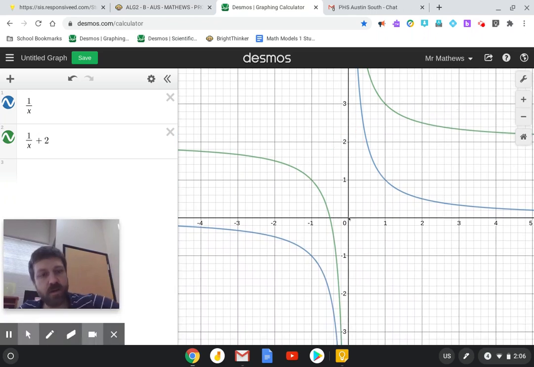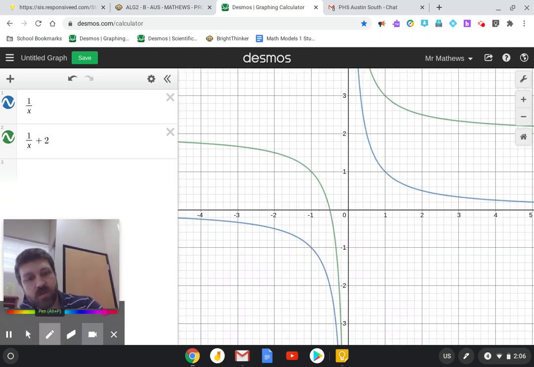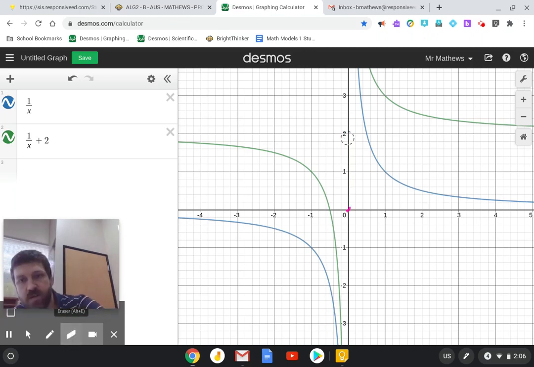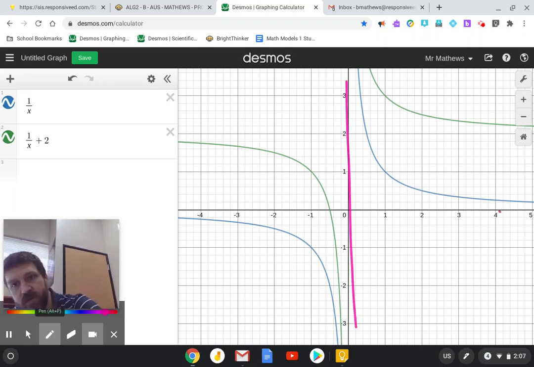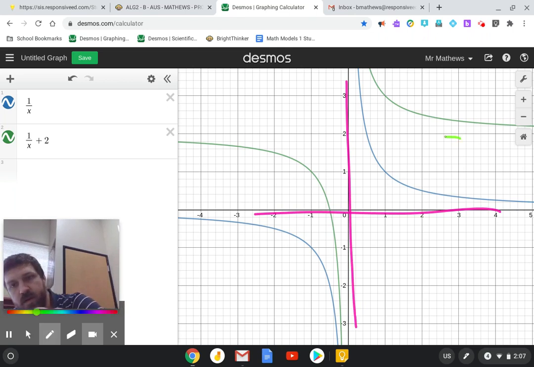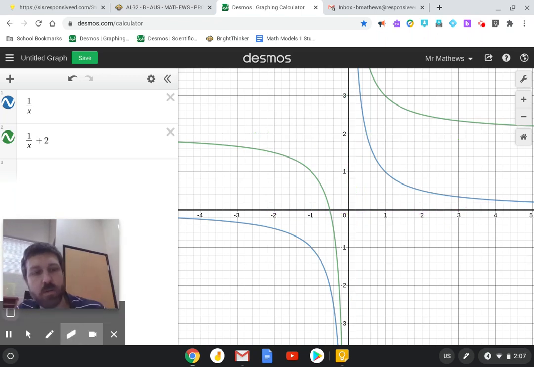So this graph has moved up 2 units to there. Okay, so you can almost think of it as like a crosshairs. There's kind of a center point of this graph, the blue graph, that's like right here. And the center point of the green graph is now kind of right here. And so it's been moved up 2 units. So that's what we're talking about when we say an up shift.